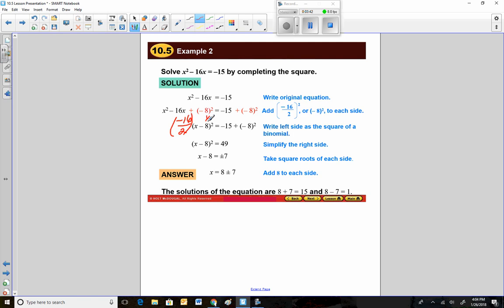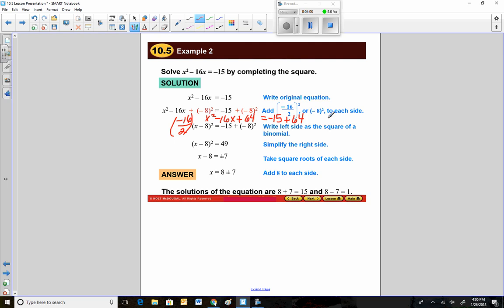We have x squared minus 16x plus 64 equals negative 15. Now, see how we got that plus 64? We're also going to put it on this side, because you can't just suddenly make a c over here and not place it over here also. Fair treatment for all. Both sides get the same number, okay?